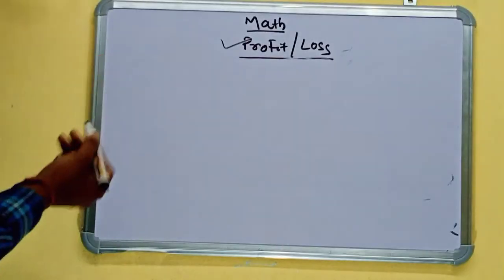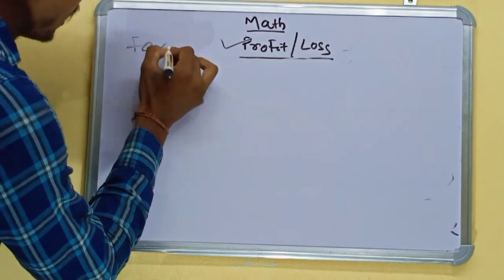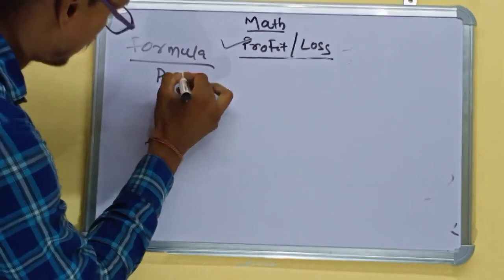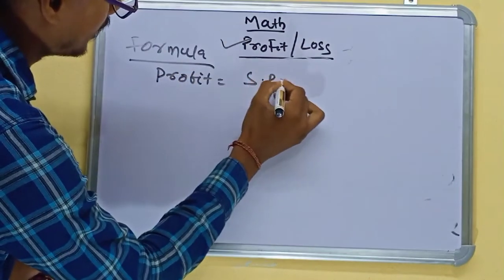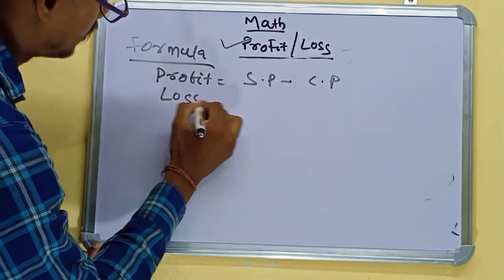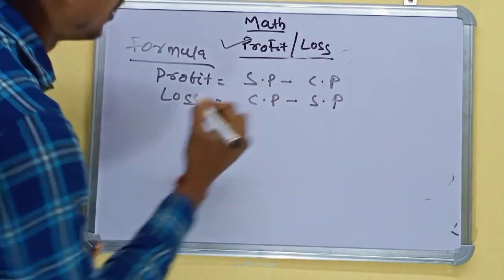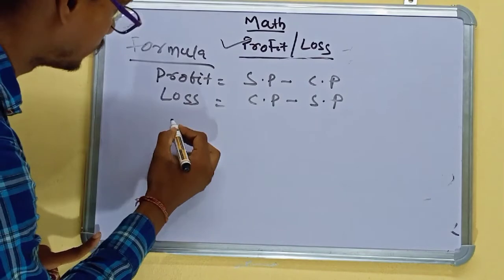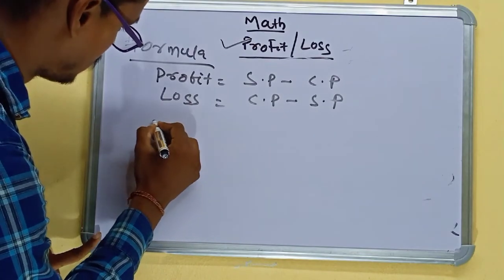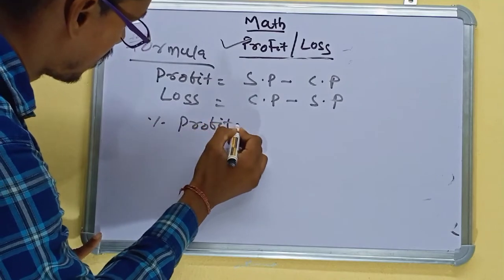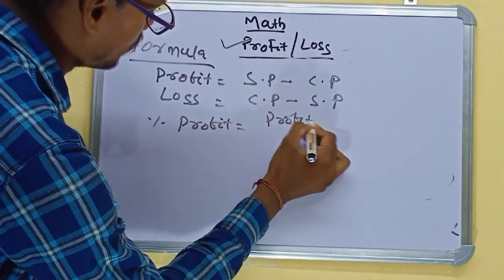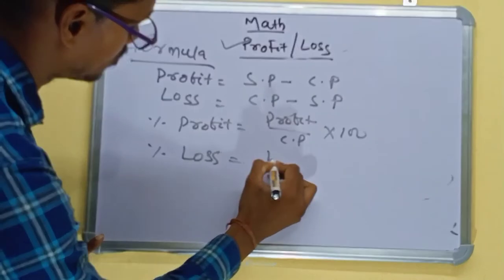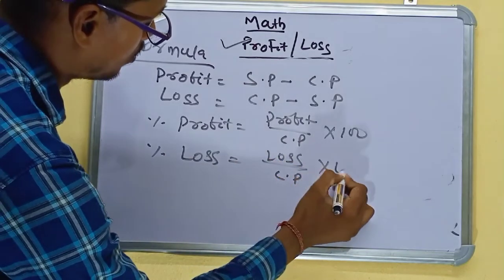Then the formulas: profit is equal to SP minus CP, loss is equal to CP minus SP, percentage profit is equal to profit by CP into 100, percentage loss is equal to loss by CP into 100.